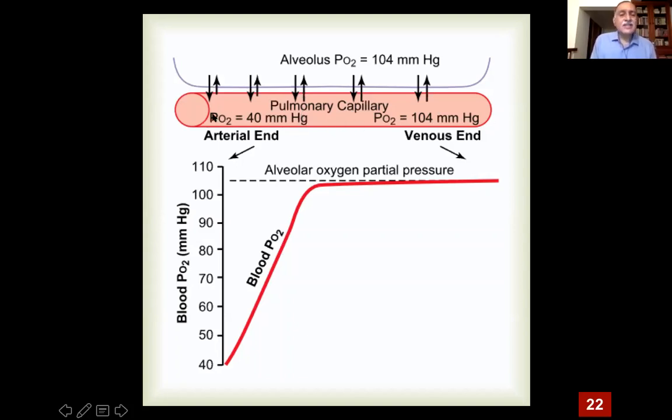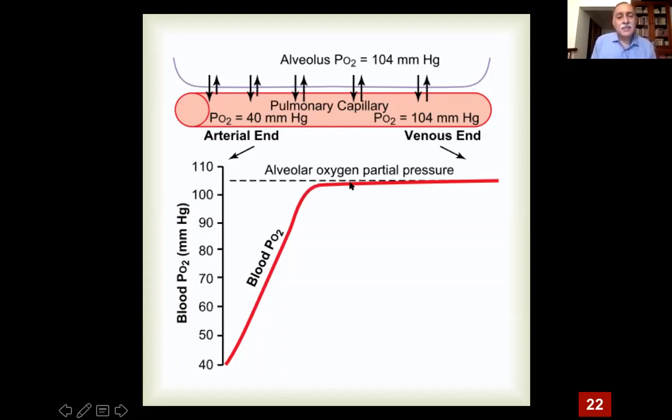Generally, it takes about 0.75 seconds for the RBC to travel from the arterial end of a pulmonary capillary to the venous end. So in 1/3 of that time, 1/3 of 0.75 seconds or 0.25 seconds, the blood has already become completely oxygenated.